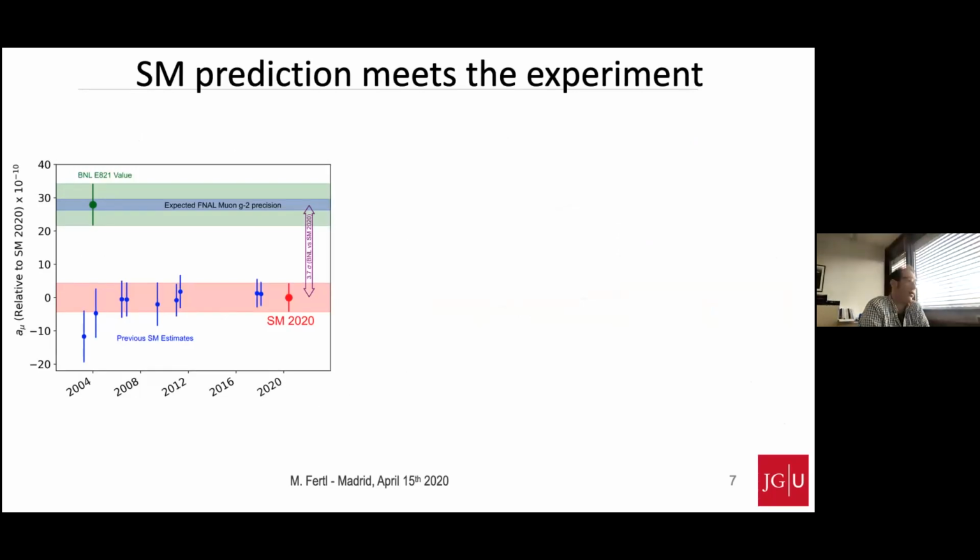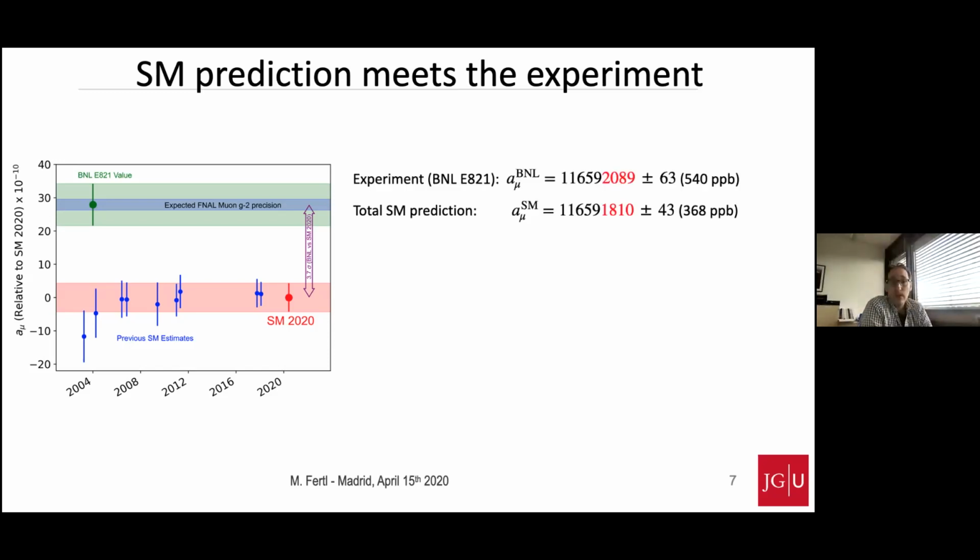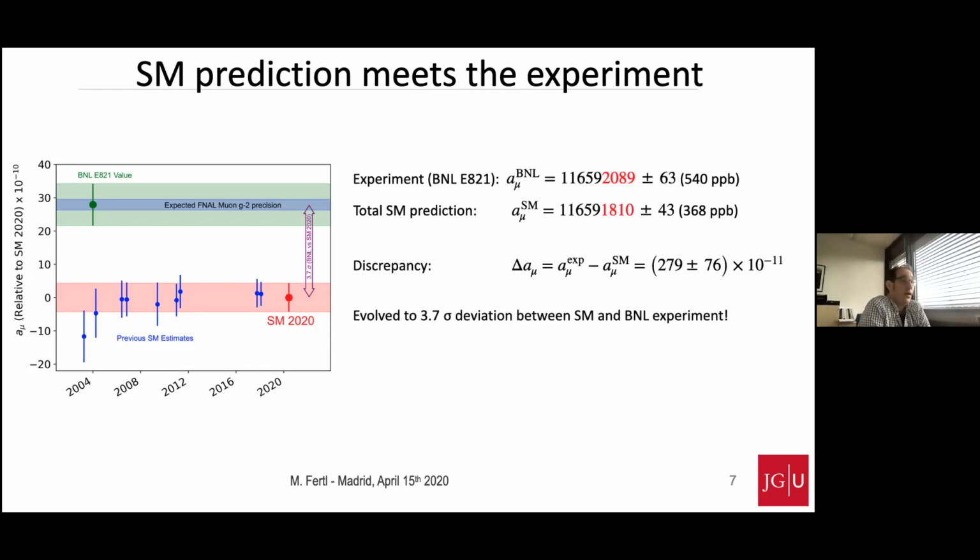And you can see how over the last 2 decades, the theory prediction has moved and has shrunken its error bar. And the latest comparison between the Brookhaven experiment and the standard model prediction left us with this discrepancy of roughly 280 units of 10 to the minus 11, which corresponds to a 3.7 sigma deviation between the standard model prediction and the Brookhaven experiment.